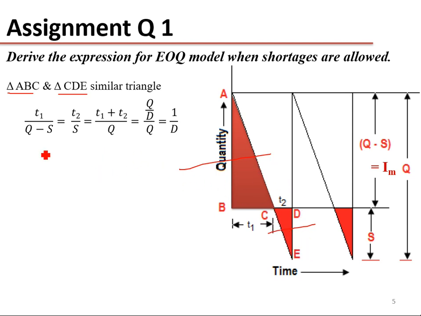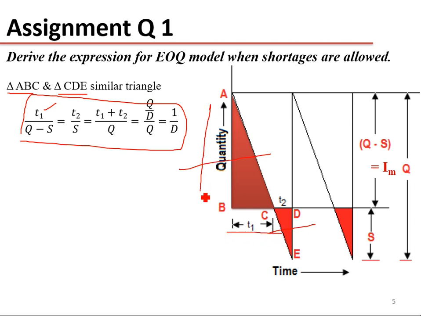From these two triangles we can easily write T1 upon Q minus S. This is the base, and this perpendicular distance AB is nothing but Q minus S, which is equal to T2. This is T2 again, it is the base, and this perpendicular distance we know is S, and T2 by S.